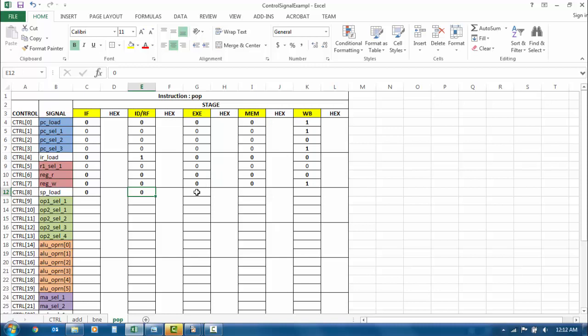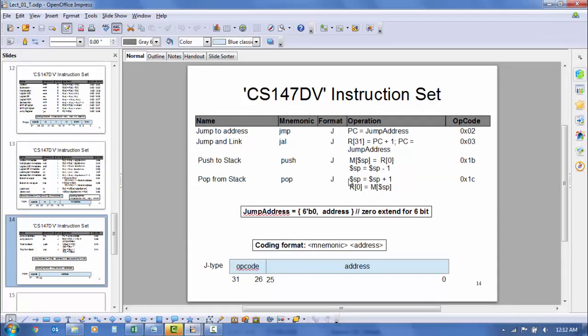So that means during the execution phase, let's keep it as 1. And then we don't want to disturb it during this phase, so this is 0, this is 0. So the stack pointer is updated before my memory is accessed, right?